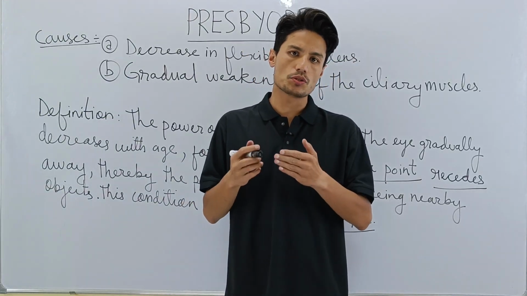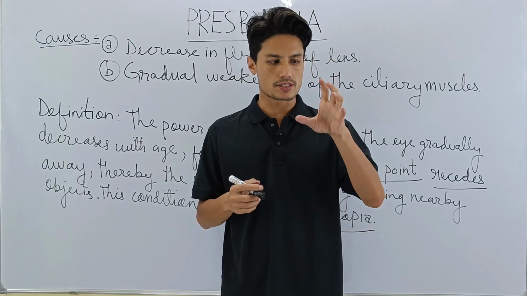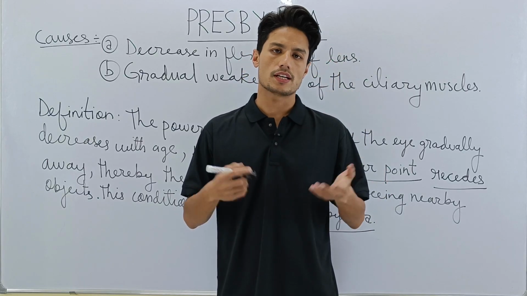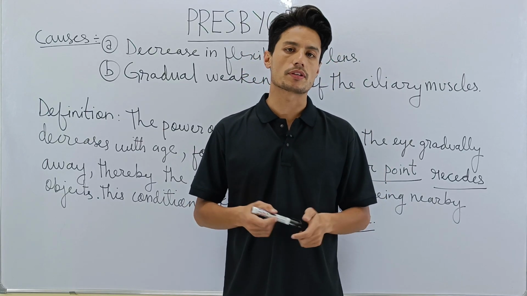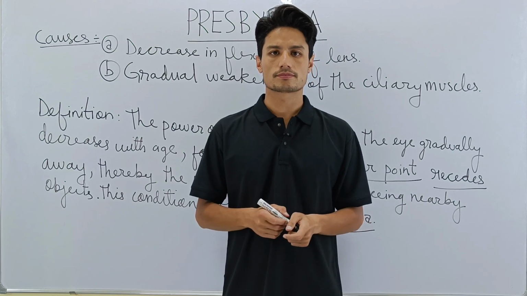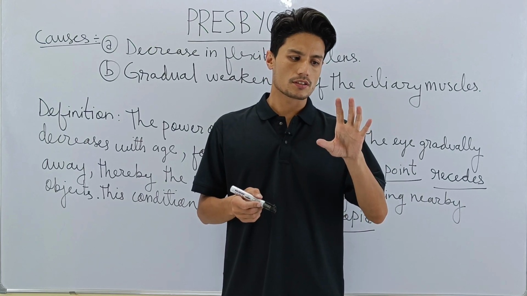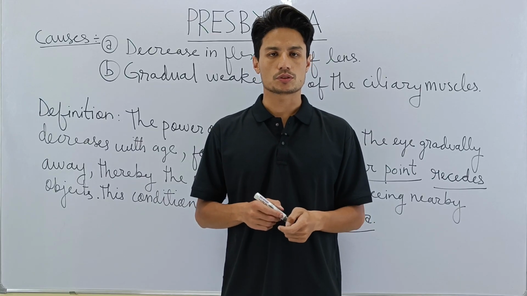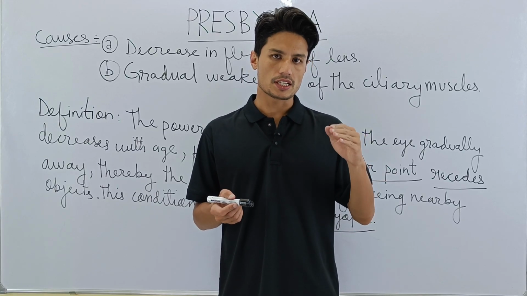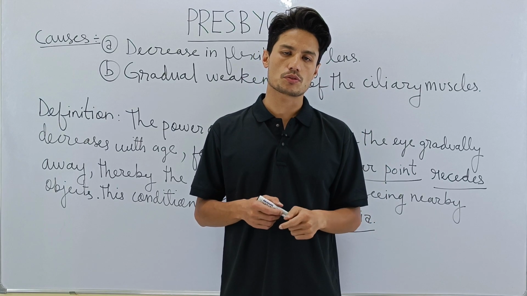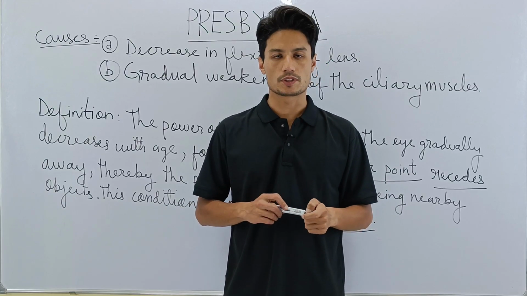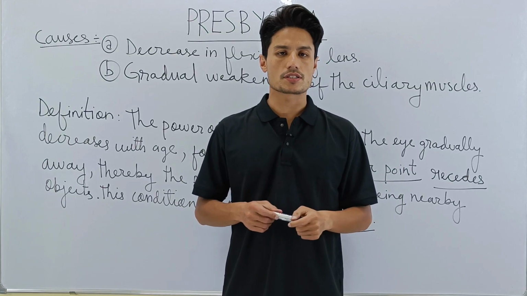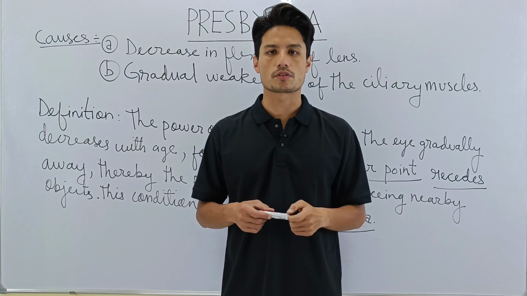It means that as you age, your ciliary muscles are getting weaker and weaker, and there is nothing much you can do about it. Eventually, every part of our body, their potential decreases, their functionality decreases. So with age, everything will start failing. Old age is a very difficult time. Remember that. Old age is not easy. It's going to be very harsh on each and every one of us.